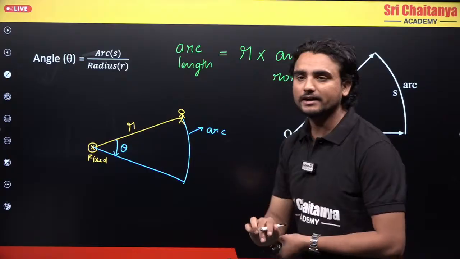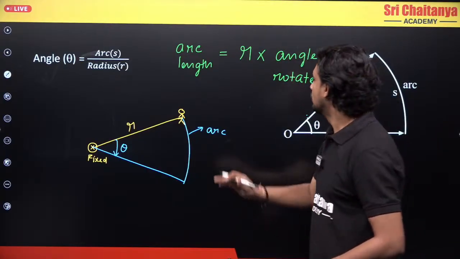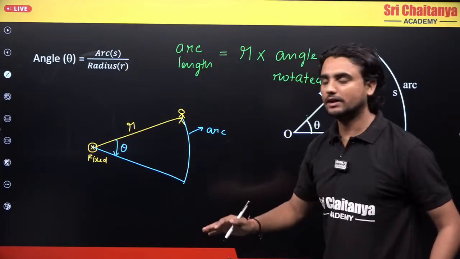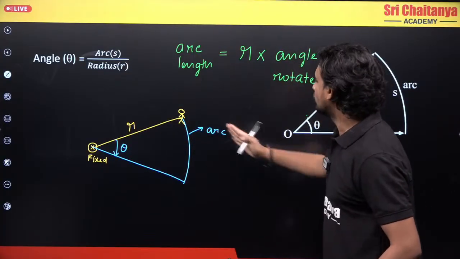So arc length is equal to r, the length of the string through which I am tied, times the angle rotated, theta.